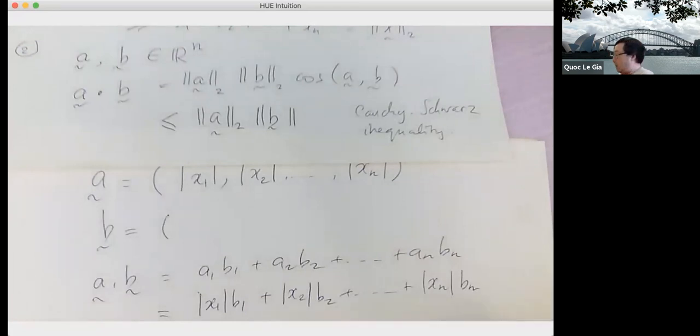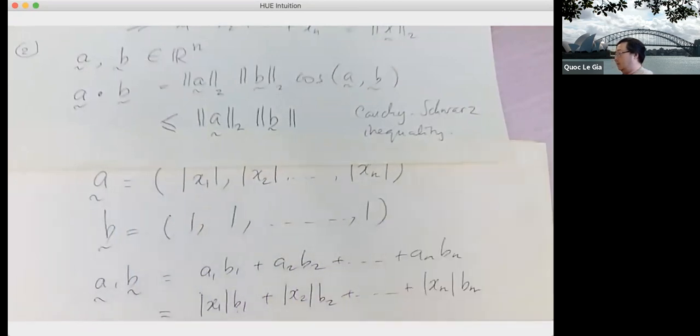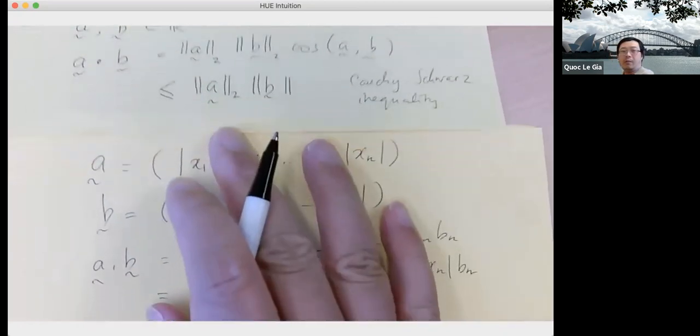If B equals A, then this gives me x1 squared. No, I want the 1 norm. On the right-hand side, I have the 2 norm already. On the left-hand side, I want the 1 norm. So if you put B equal to A, it doesn't give you the 1 norm. Something simple, something similar: just choose B to be 1. Then this gives you the 1 norm.